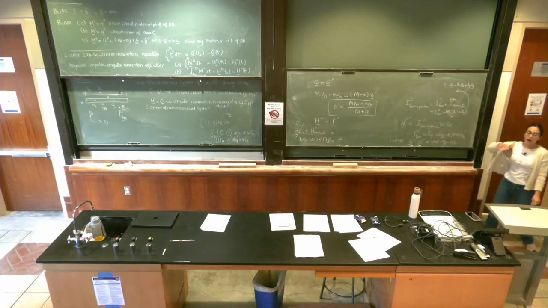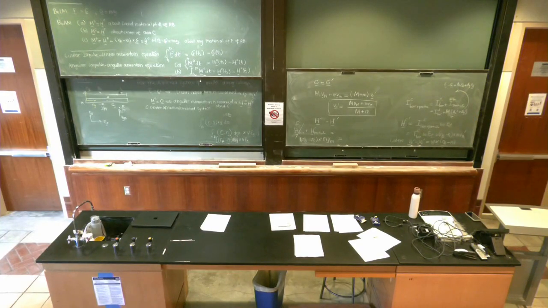Okay. Now I have to add the moment of inertia of the particle. How do I calculate the moment of inertia of the particle? Yeah, mass times distance squared. Or I can think about it as using the parallel axis theorem. What's the moment of inertia of a particle about its own center of mass? 0, right? Because the particle has no mass distribution. Plus the parallel axis theorem term, which is going to be plus the mass of the particle times the distance between the particle and the center of mass of the combined system.